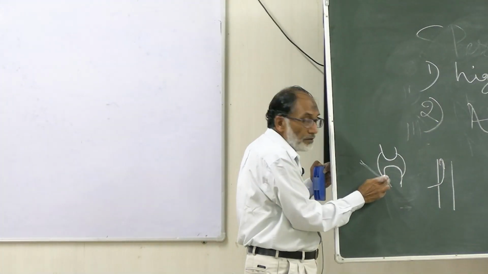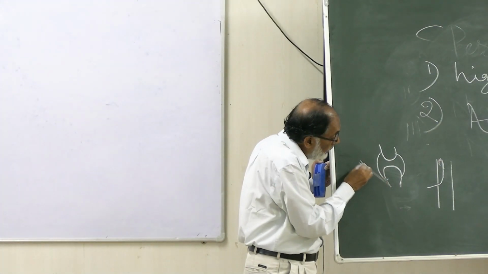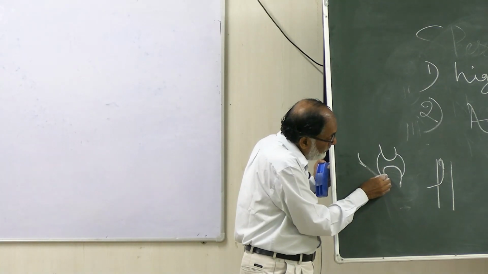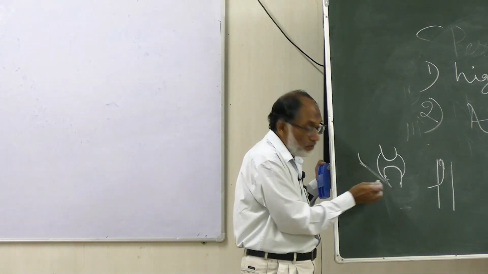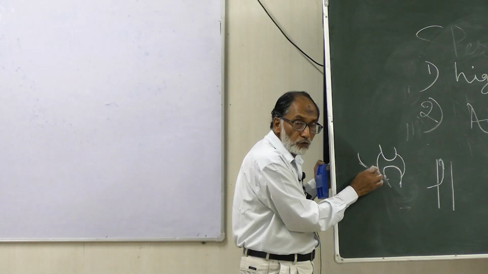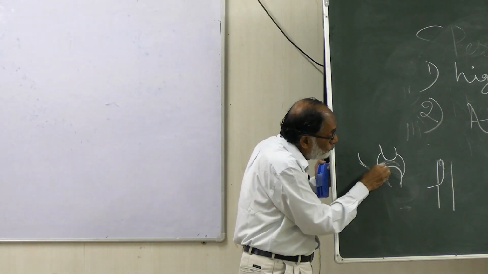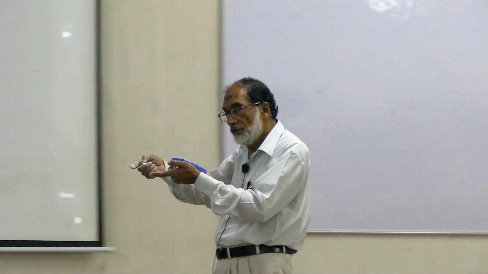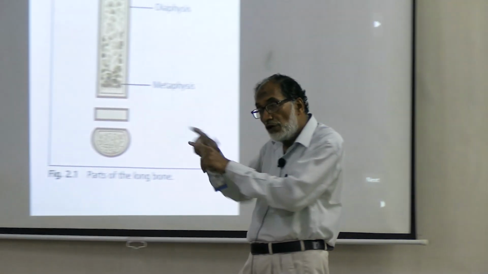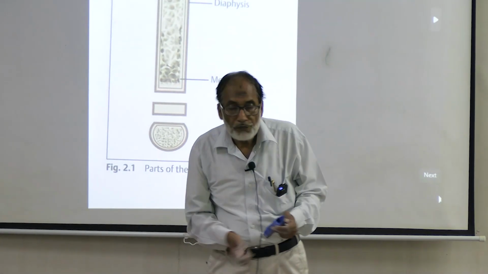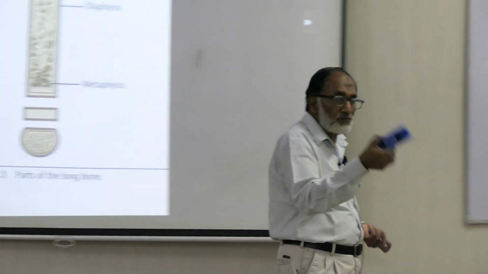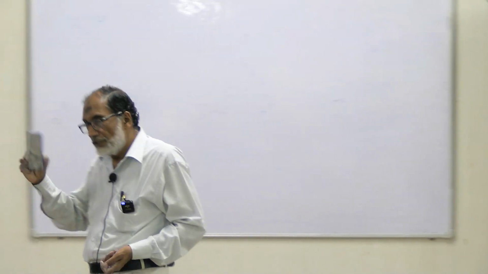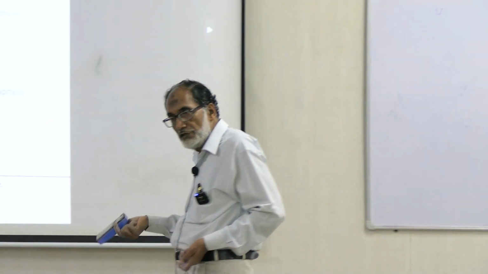If the infection occurs in that part of the metaphysis lying within the capsule, the whole joint may be involved in this infection. Infection of the bone we generally call osteomyelitis.